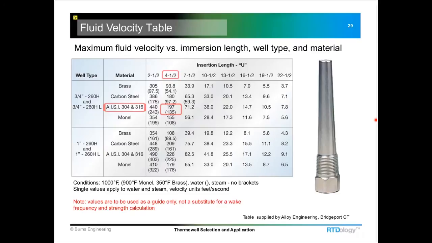If there's erosion or corrosion, the straight stem would be a good place to start. And then, again, there's this balance between picking an immersion length that's long enough to get a good accurate measurement, but not so long that you fail the wake frequency calculation.